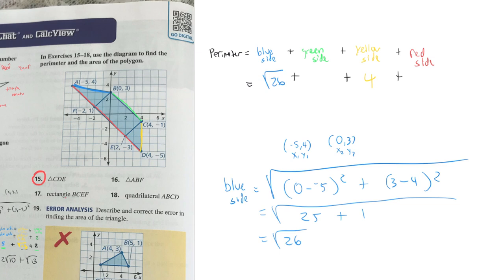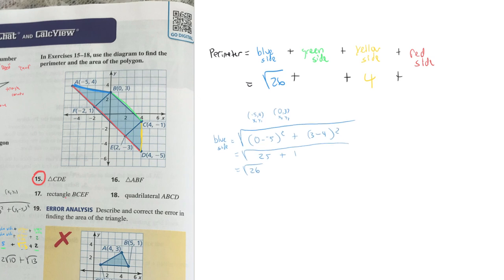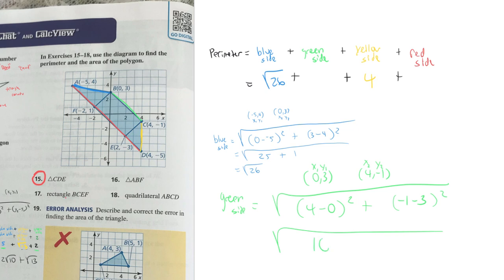Looking at the green side now. Not the best handwriting. Distance formula once again, right? The points in question would be 0, 3, and 4, -1. We'll call this x1, y1. We'll call this x2, y2. So we're looking at 4 minus 0, and we're looking at -1 minus 3. We are looking at 4 squared, which is 16, plus another -4 squared, which is also 16.